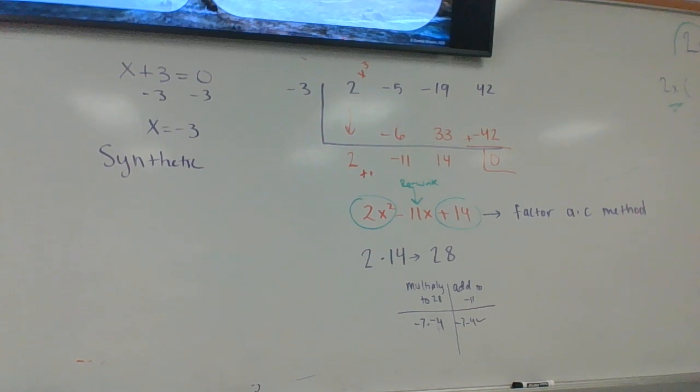Okay. So now these are done being factored. You can't factor anymore. So our factored form is x plus 3 times 2x minus 7 times x minus 2.